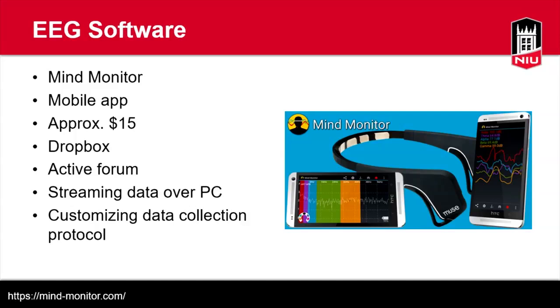We can also customize data collection: you can stream your mobile phone to the PC. That way we can even capture multiple Muse devices together, or design new data collection software. So there is some freedom for developing that.